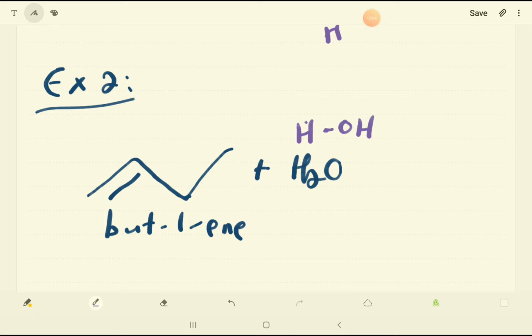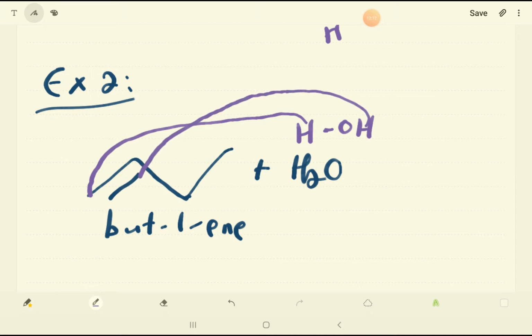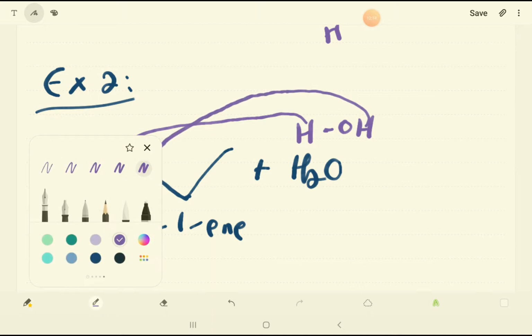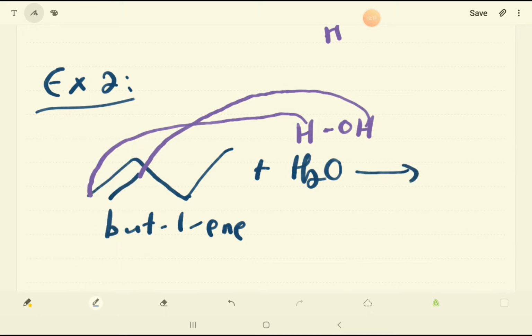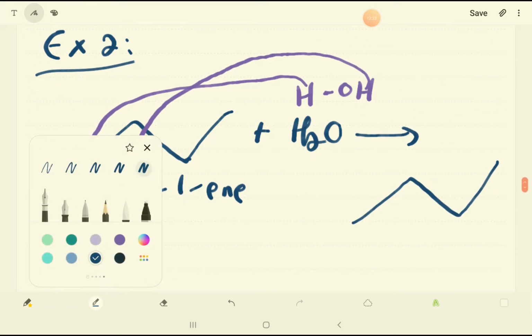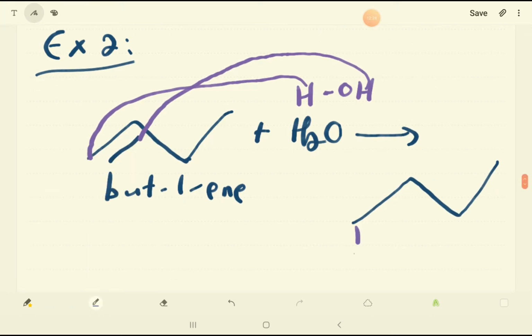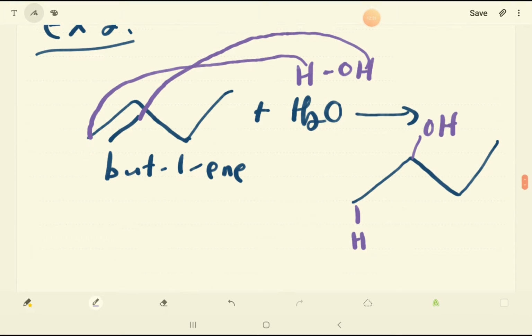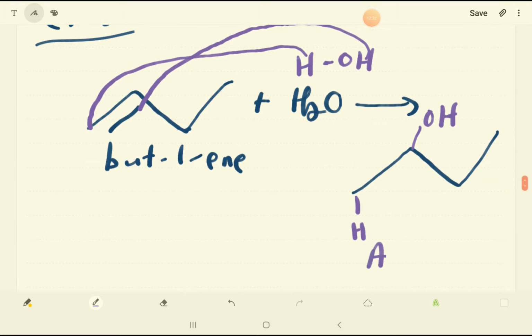And each component here is going to attack an end of the double bond. And so your H attacks the first end, and then this one will attack this end. And what we end up getting here is an organic compound, once again, with its double bond broken, but there's a hydrogen on this end and an OH on this end. And this is, again, an alcohol.